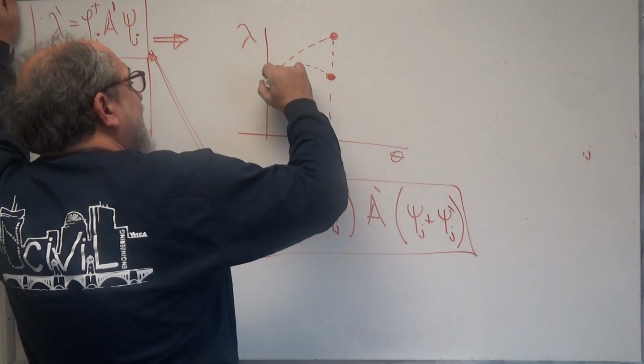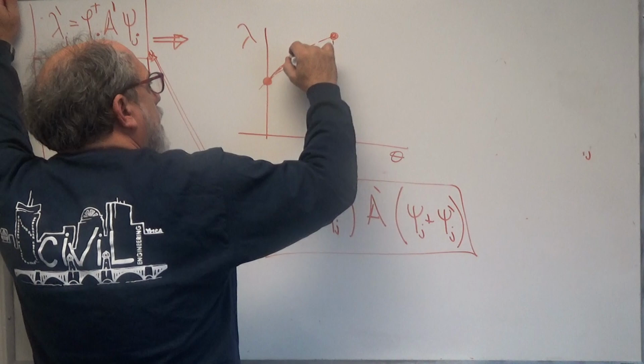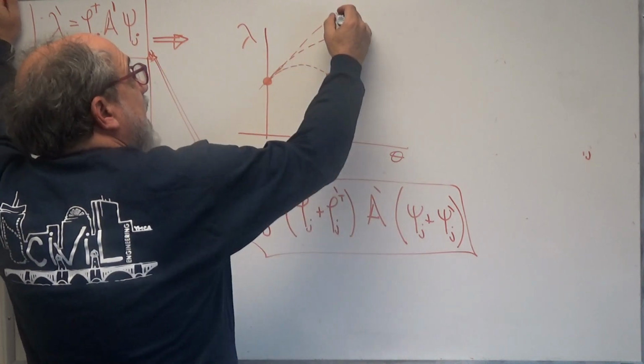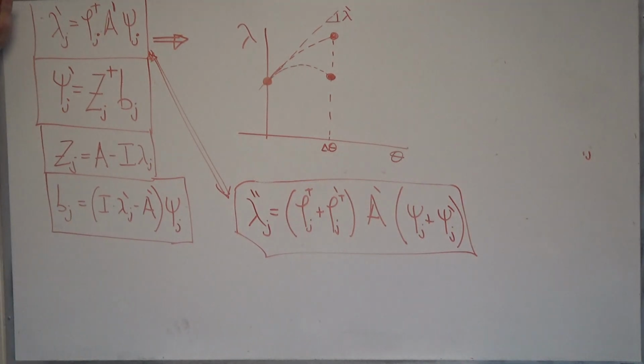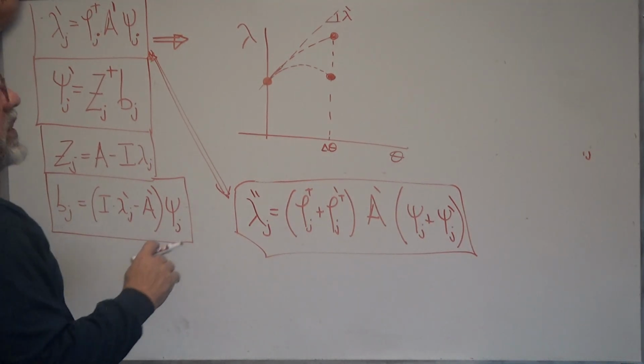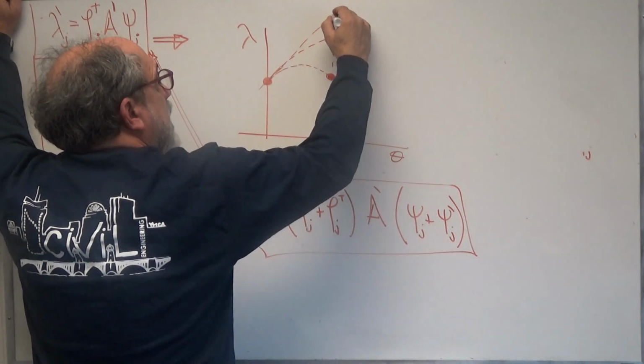Now, this slope here, that slope is the derivative of the eigenvalue with respect to theta, right? So what this means, maybe I went a little too far here to make my point.